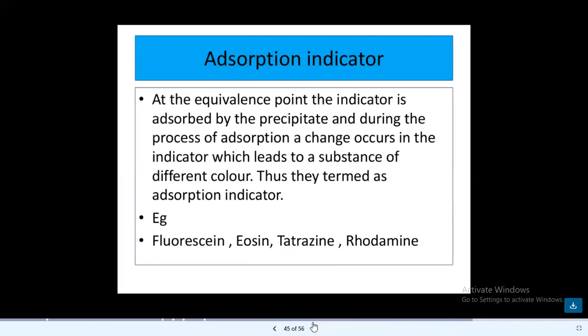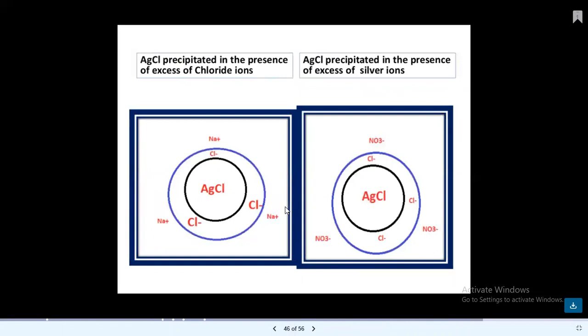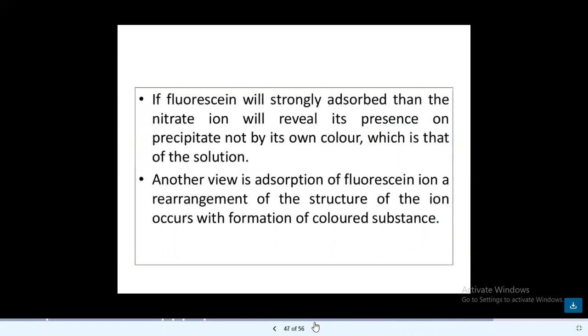First, the silver and the chloride, the chloride initially present in excess, and after this chloride is consumed, then at the outermost layer silver is there, not sodium, and it reacts with the fluorescein ion.